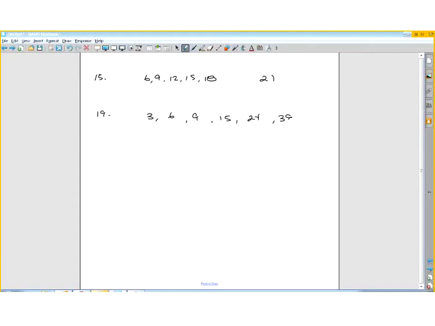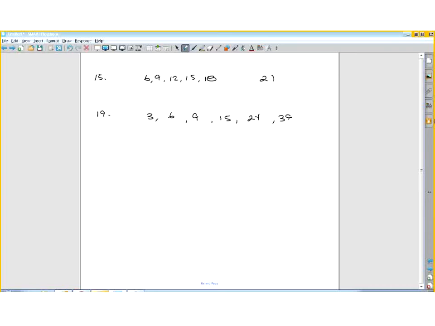There's 2 cases. We have the arithmetic sequence, which has a common number between the terms. And then you have a geometric sequence where there's a common ratio. So you could look at the ratio of these numbers, but you see 6 divided by 3 is 2, 9 divided by 6 is 1.5, 15 divided by 9 is some strange fraction.